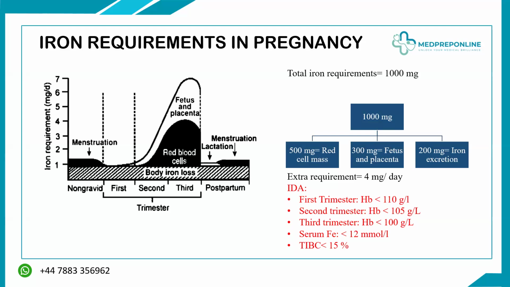You will also see that the serum iron levels go down, almost less than 12 micromole per liter. These are not absolute values, but ranges that you have to remember. And the transferrin saturation can reduce to less than 15%.